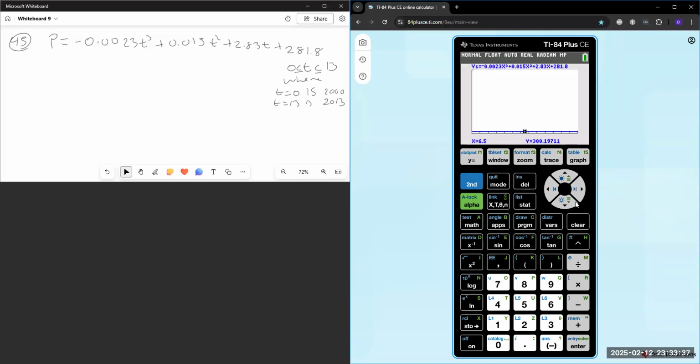If I trace this, it looks like my population is going up as I go to the right. I'm looking to see if I ever reach a minimum there.